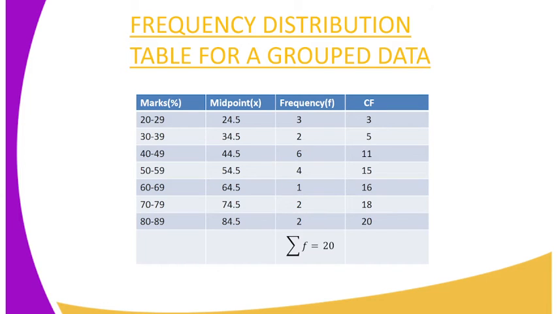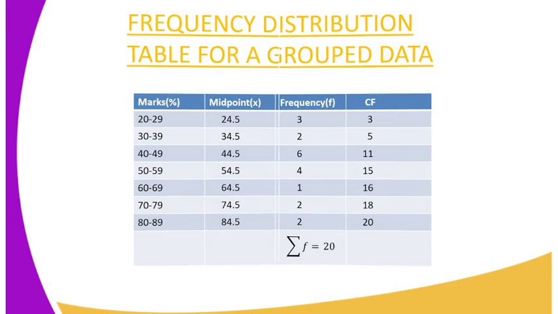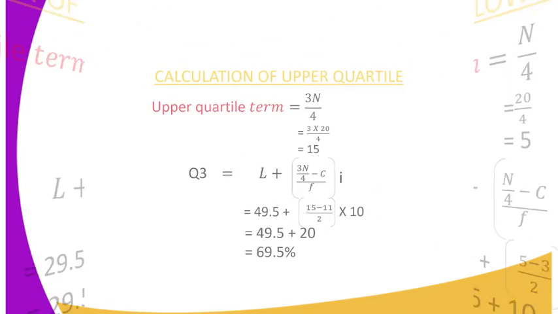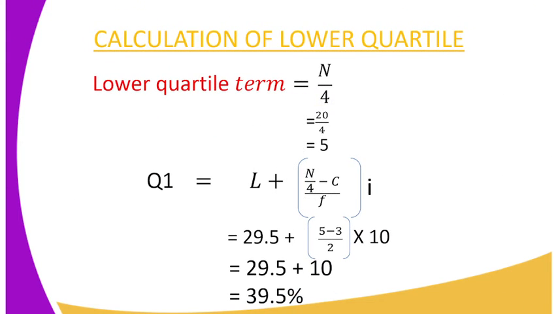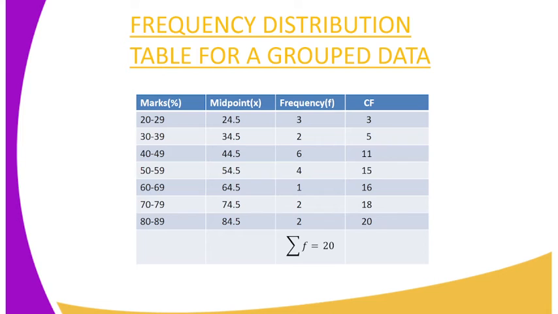Then you divide by the frequency of the 15th term, that is 4. You divide by 4. There was an error here. It should be 15, you subtract 11, then you divide by 4, because 4 is the frequency of the 15th term as far as cumulative frequency is concerned.